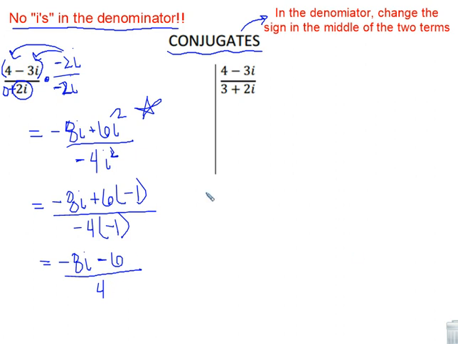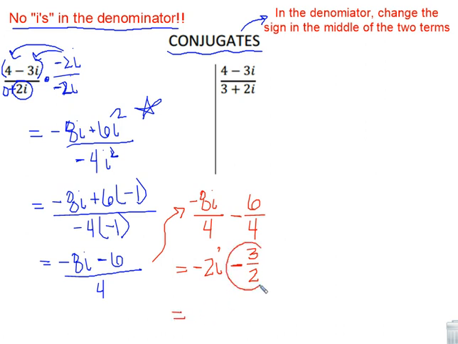We can take negative 8i divided by 4, and then we are subtracting a 6 over 4. Now negative 8 divided by 4 gives us negative 2i, and then the 6 over 4 can simplify to 3 over 2. But remember, we want a complex number, and the real part always comes first.